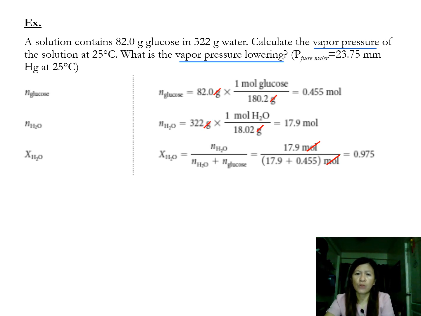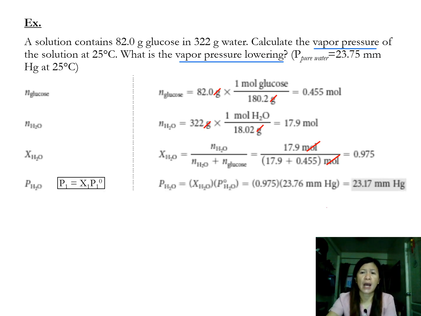We take the moles of the solvent, 17.9, and divide that by the total moles of both the solute and the solvent, 17.9 plus 0.455. Dividing 17.9 by the sum, and canceling mole, we have 0.975. So 0.975 is now the mole fraction of our solvent.